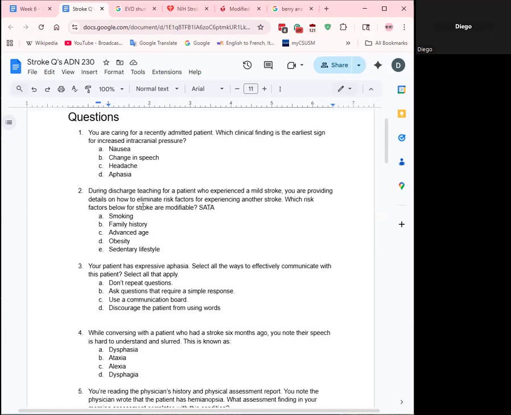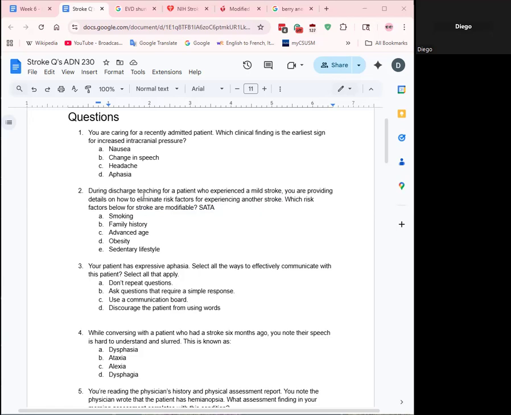During discharge teaching for a patient who experienced a mild stroke, you are providing details on how to eliminate risk factors for experiencing another stroke. Which ones are modifiable, that they're able to actually change? Select all that apply. So we have A, D, and E. That is correct.